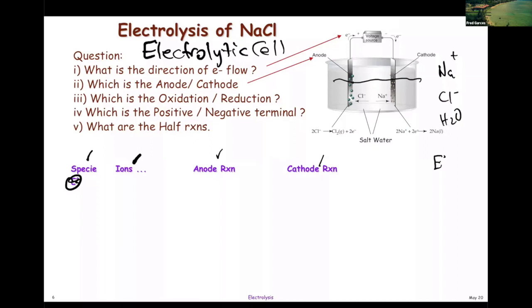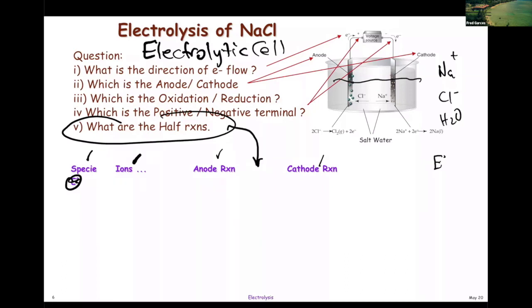So here I'm showing you the anode, the source of the electron, and then I'm showing you the cathode, and then the positive terminal and the negative terminal, and then the half reactions that will occur. Okay, and the half reactions are going to be down here, not so much here, because we now have water as an X factor. We got to put that in.